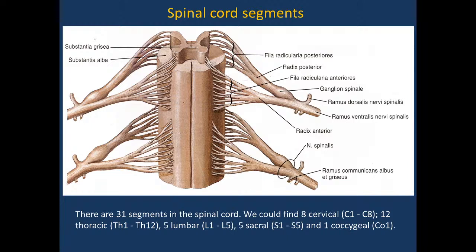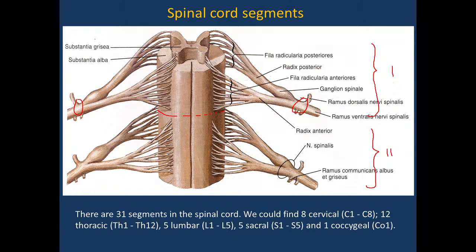Here are two spinal cord segments, and this is the border between them. A pair of spinal nerves, together with the part of the neural tube, we call a segment. Here is number one, and here is number two.